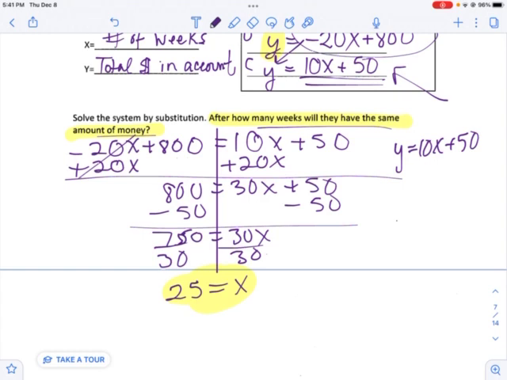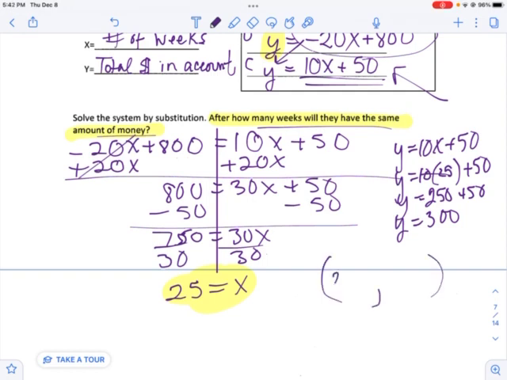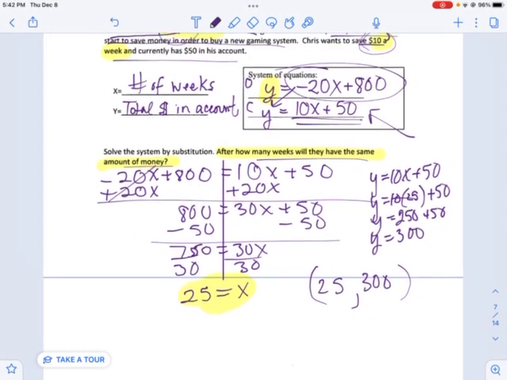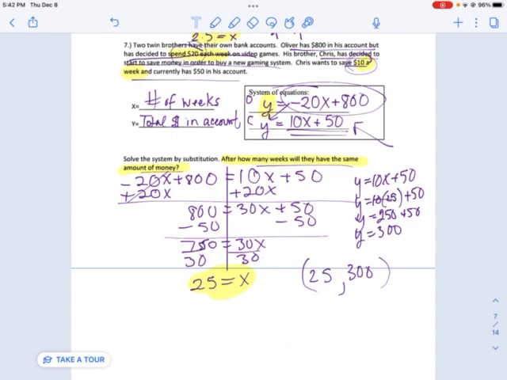What does that mean in terms of the problem? So after 25 weeks, they both have $300 in their accounts. And then we can check it on Desmos and do 17 and 18.